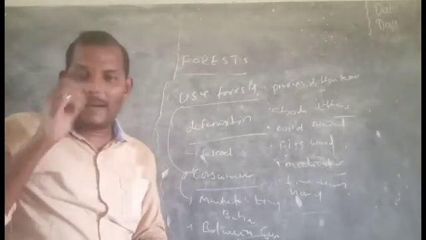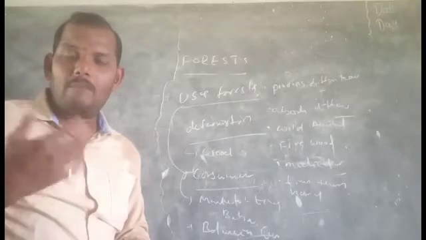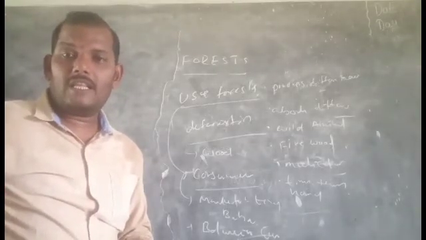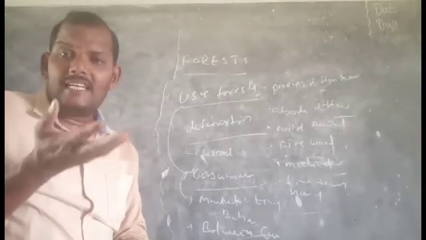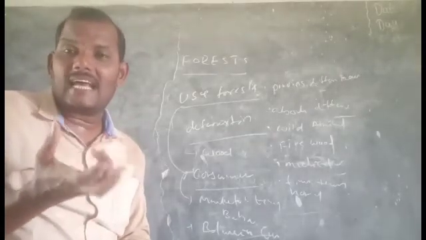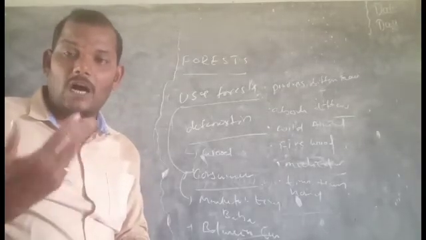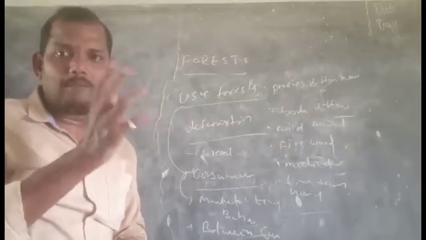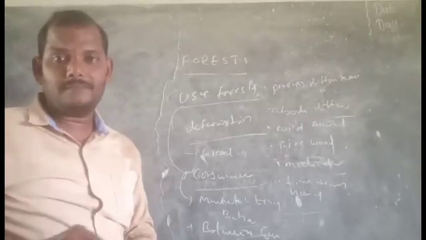Why? Because of different types of human activities. Take the example, burning of fossil fuels. By the usage of so many vehicles and by the factories, we are releasing different types of dangerous gases into the atmosphere, like carbon dioxide, carbon monoxide. These all pollute the atmosphere, but the forests are helpful in controlling this pollution.